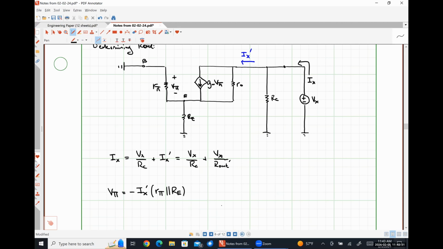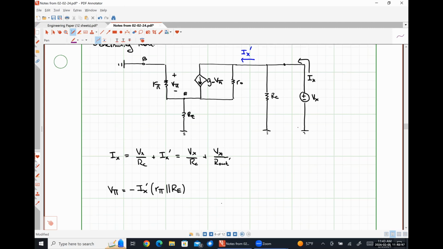So what I'm going to do now is apply Kirchhoff's voltage law. Let me explicitly define the path that I'm applying KVL around.